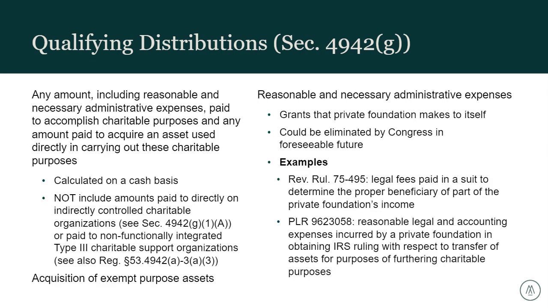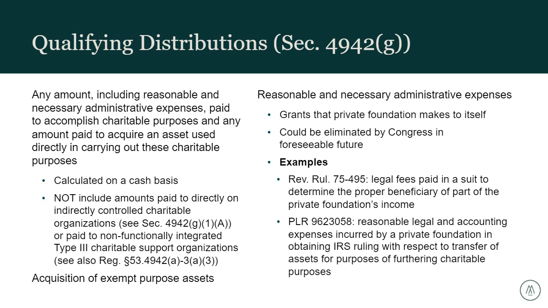Okay, so a little bit more on qualifying distributions. As we've talked about in terms of taxable expenditures, as long as you're making grants to qualifying organizations, which are generally public charities, governments, things like that, and the amounts to individuals that we talked about that qualify, those are pretty easy to determine as a qualifying distribution as long as you're following the rules.